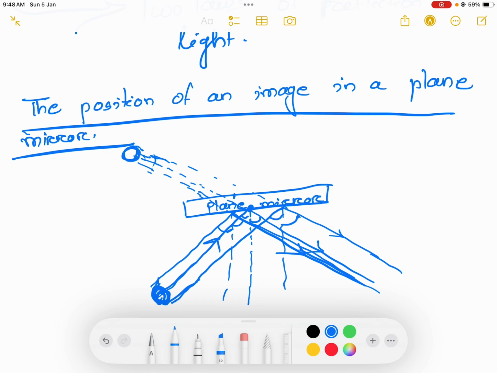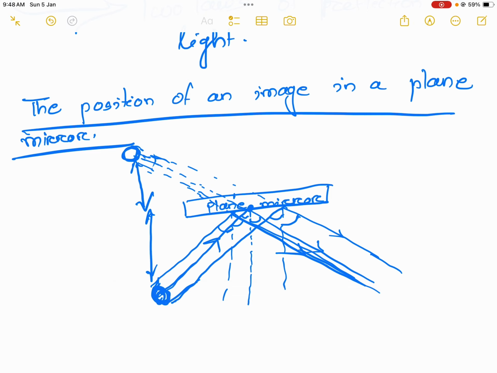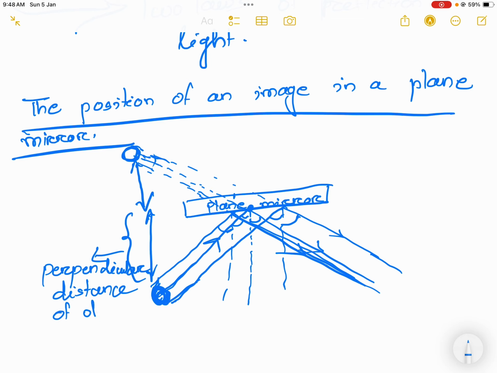This is the object. You will see that this distance and this distance are the same. This is the perpendicular distance of the object from the plane mirror.